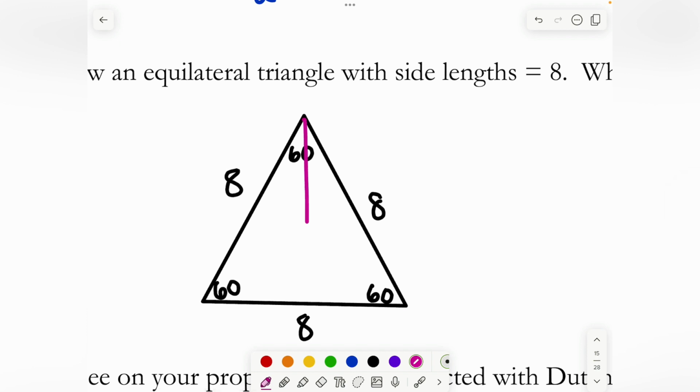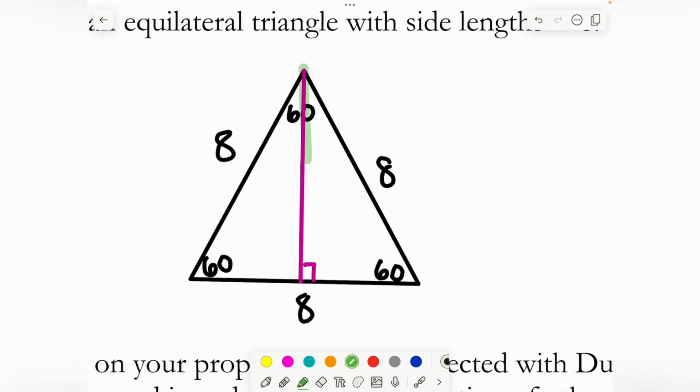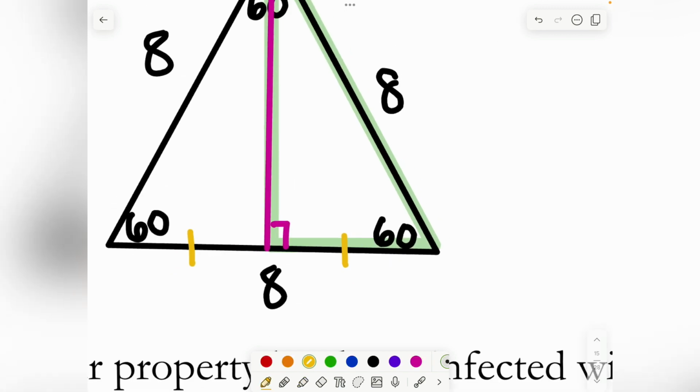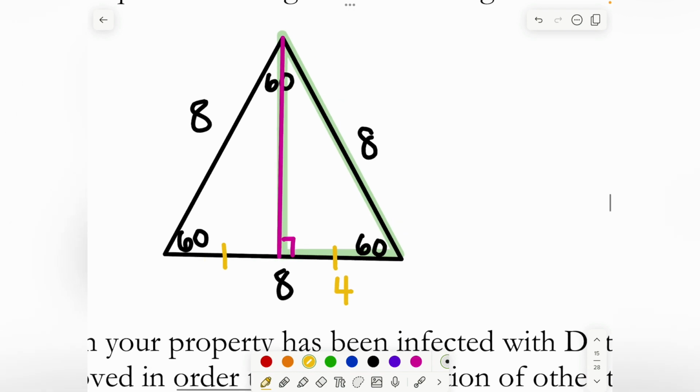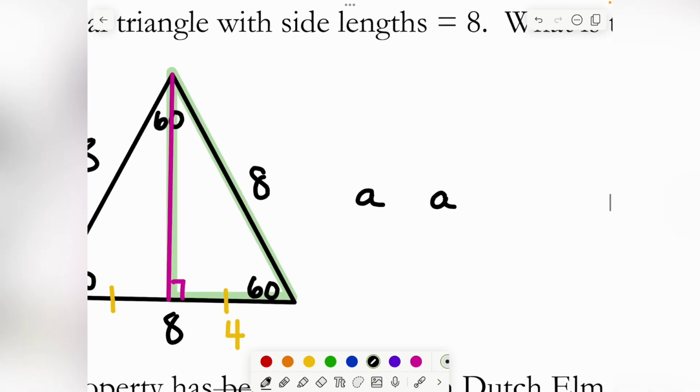So we actually have to drop down this height, or this altitude, and it creates two 30, 60, 90 triangles. The other thing about an equilateral triangle and its altitude is that the bottom length gets cut in half. Let's write out our formula: A, A root 3, and 2A.